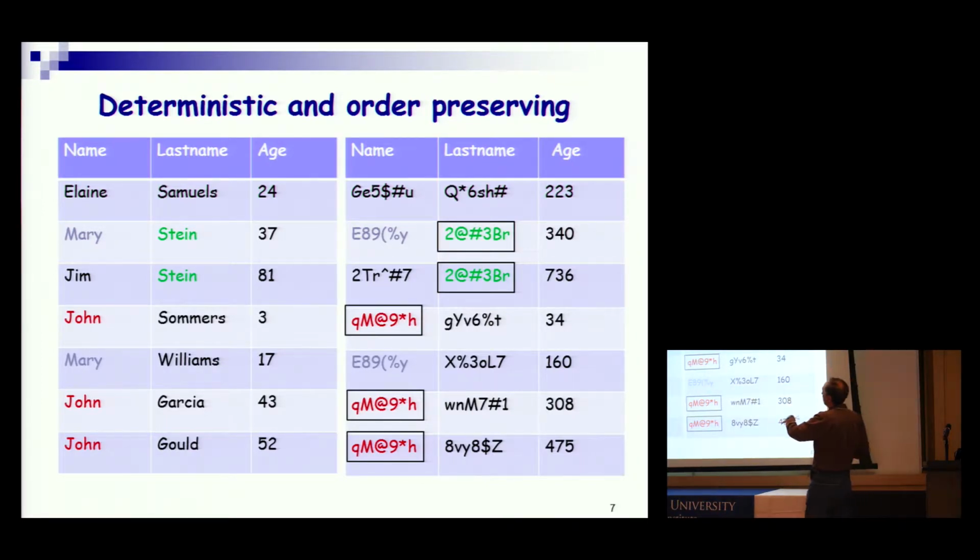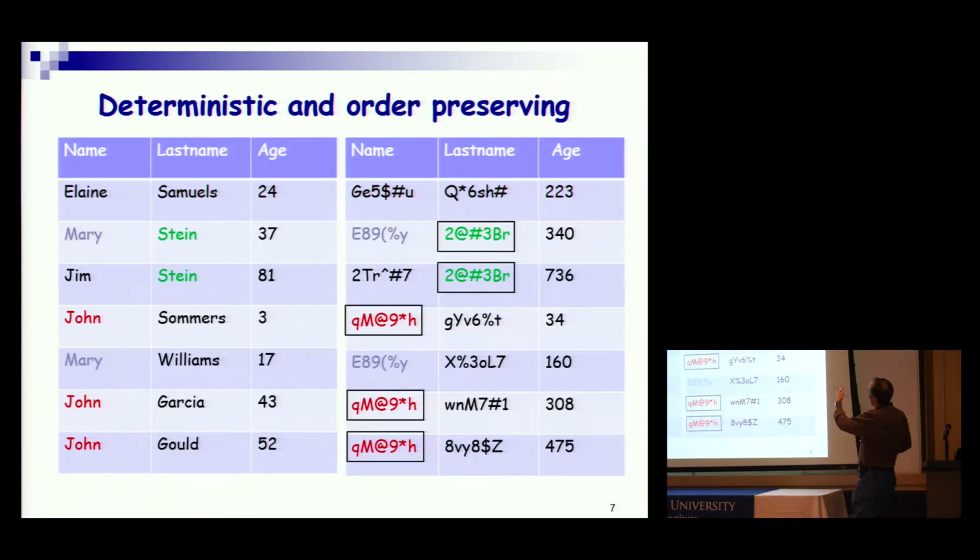Then you have also order-preserving encryption to do range queries. If you use order-preserving encryption, in this case on the age column, what it means is that you encrypt to some randomized values, but these randomized values keep the original ordering of the data.